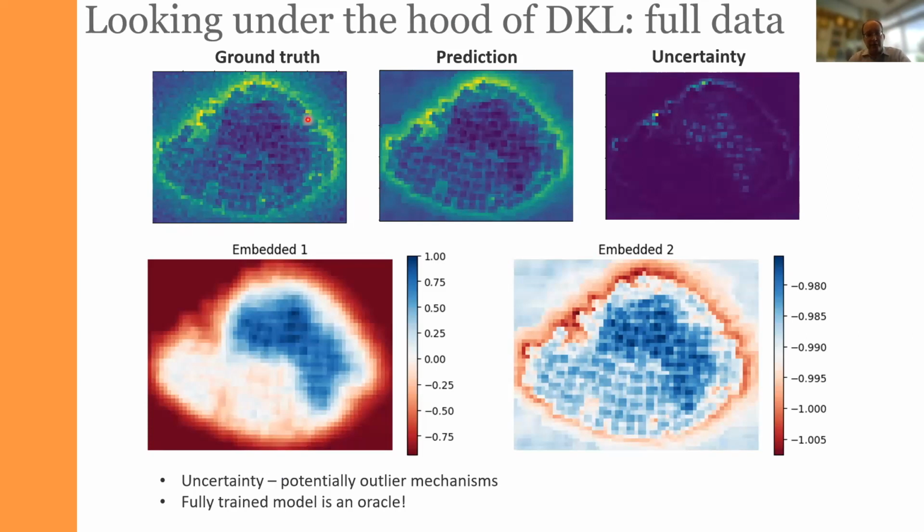So this is the ground truth. The deep kernel learning model builds the relationship between structure and scalarizer. Structure is an input, scalarizer is an output. So this is our ground truth. This is the prediction. Interestingly, the prediction and the ground truth look almost the same. The prediction is a little bit smoother.